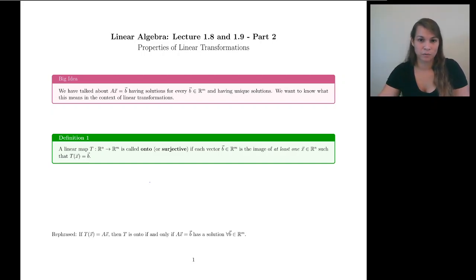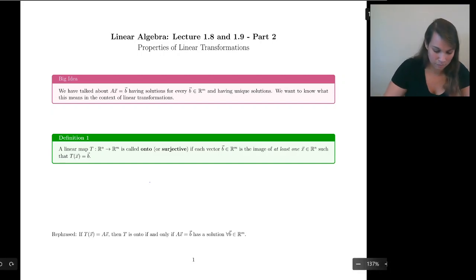So the first definition we're going to talk about is a linear map T is called onto, or surjective if you want to be fancy, if each vector b in Rm has an image, which means it gets mapped to, by at least one x in Rn, such that T of x equals b.